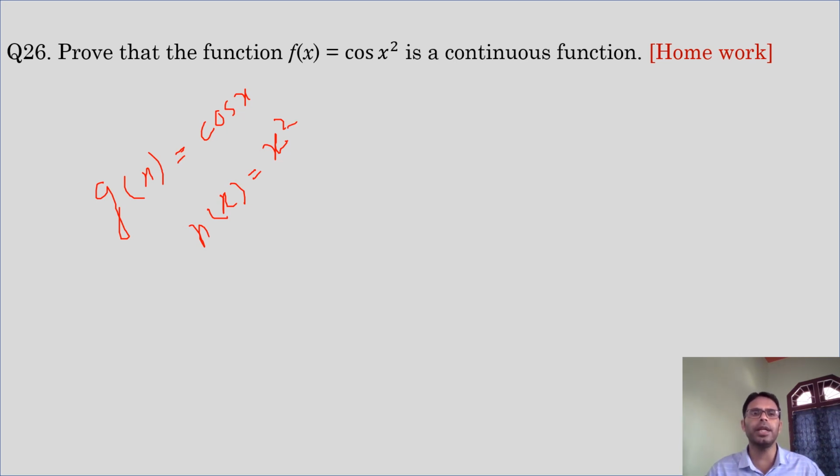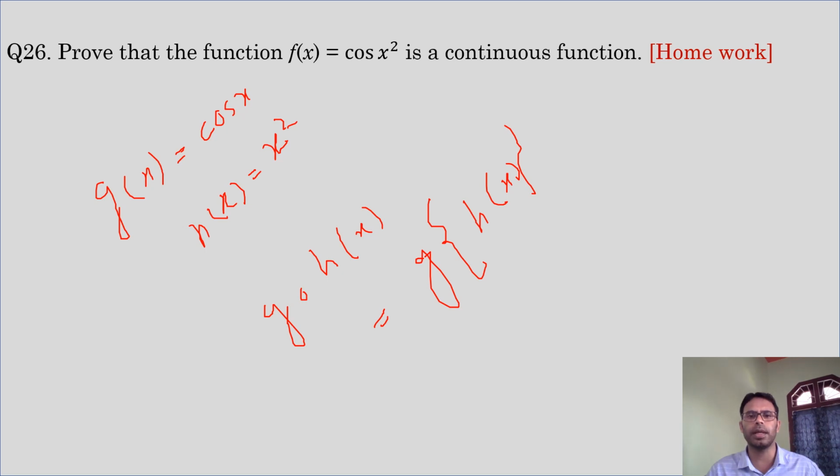Then you find (g o h)(x), and that is equal to g(h(x)). You should write h(x) here, g of h(x). Then h(x) is equal to x square, you write that g of x square.